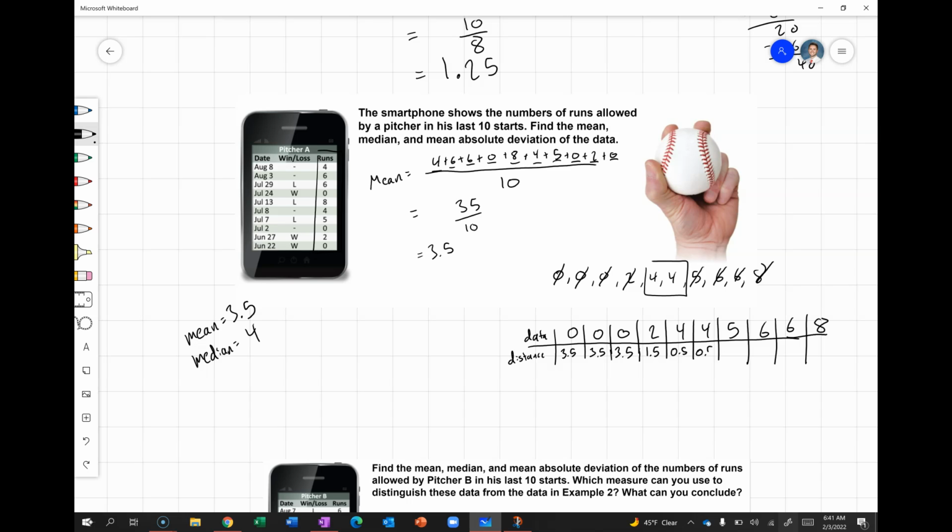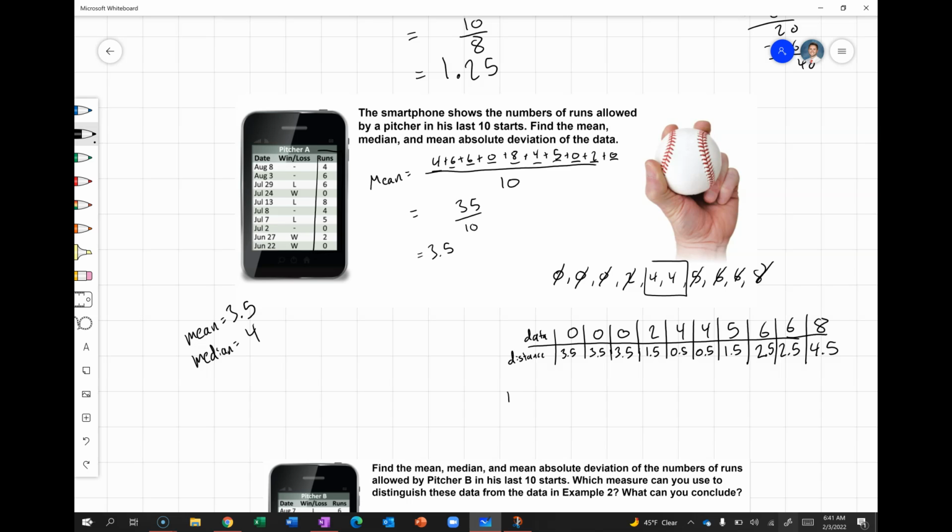0.5, 0.5, 1.5, 2.5, 2.5, and 4.5. And then we're going to find the mean of those new values that we just wrote out.